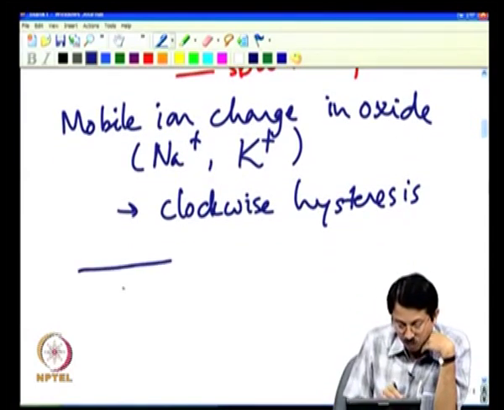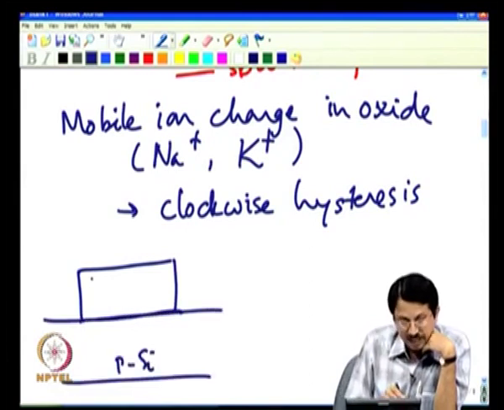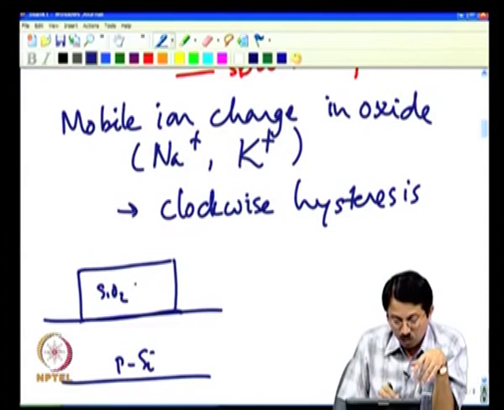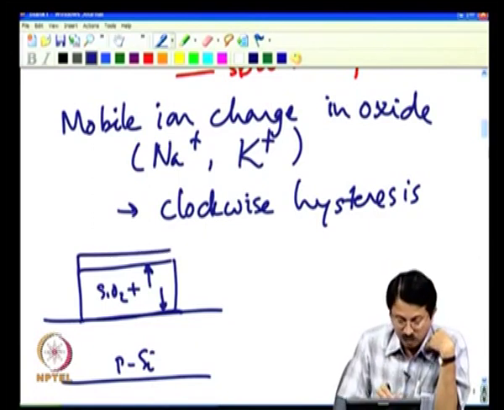First of all, when we say mobile ion charge, what it means is that I have this MOS capacitor, there is an oxide here. This is our SiO2. Now, this oxide is contaminated with mobile ions. These mobile ions can either move to this interface or move to this interface depending on the voltage on the gate electrode.